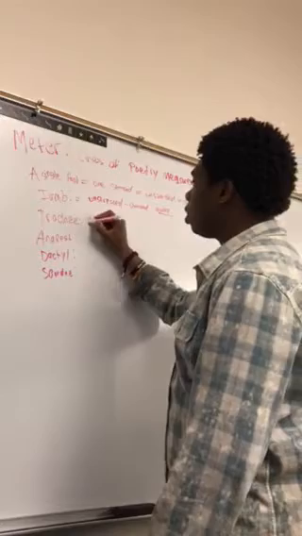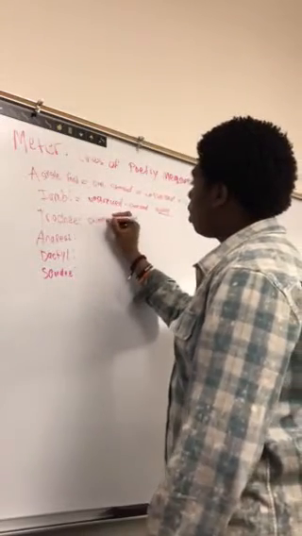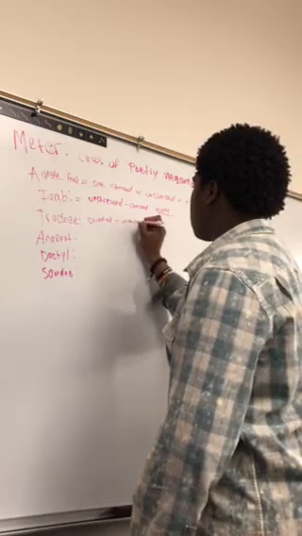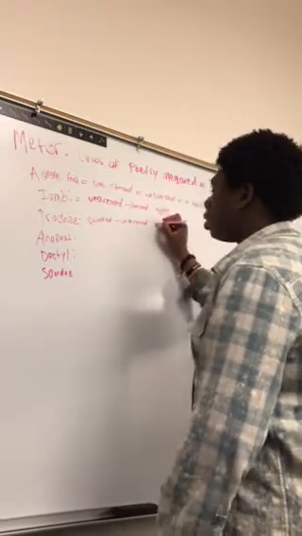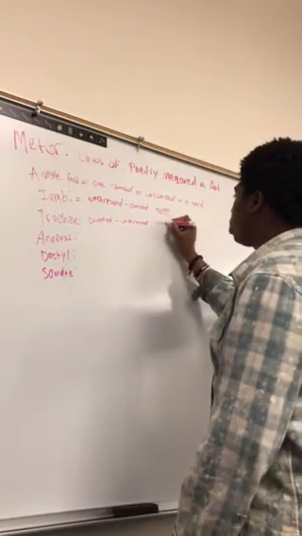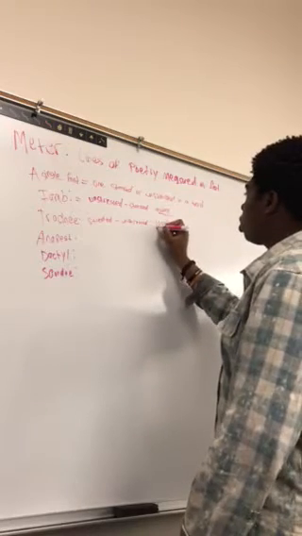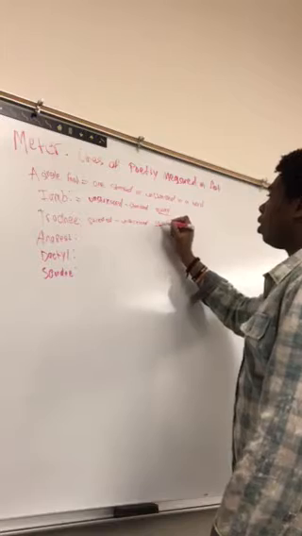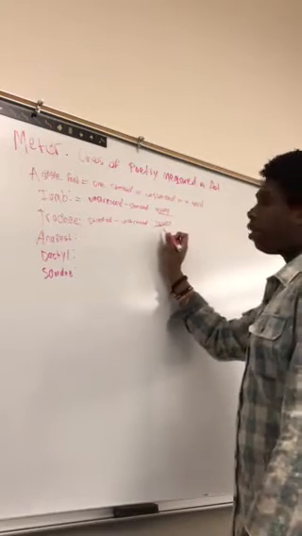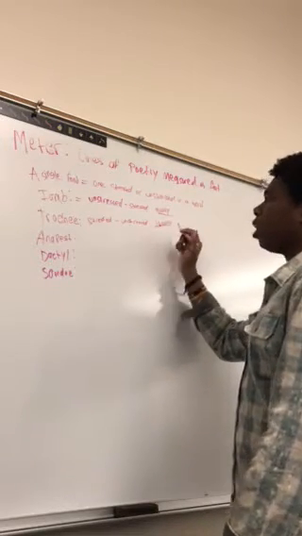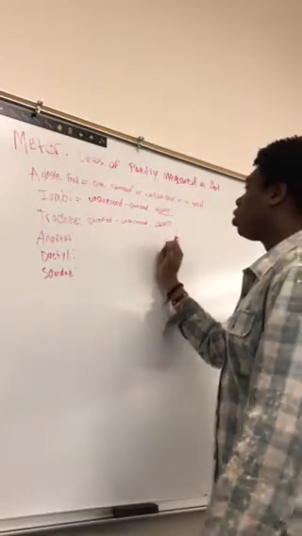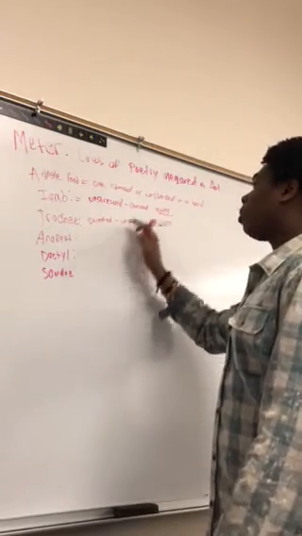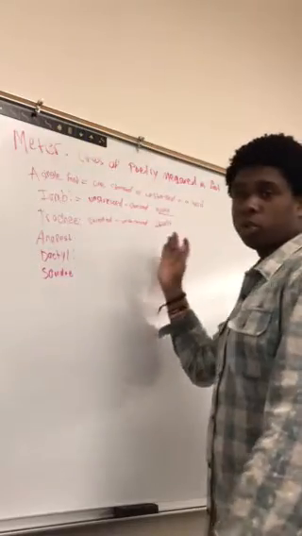And then a trochee is a stressed and unstressed syllable word, such as lovely. Love, and then ly. The underlined part is the stressed part, and then the ununderlined part is the unstressed part of the word. So that's what makes it stressed and unstressed. Lovely. And then for an iamb, away, unstressed and then stressed.